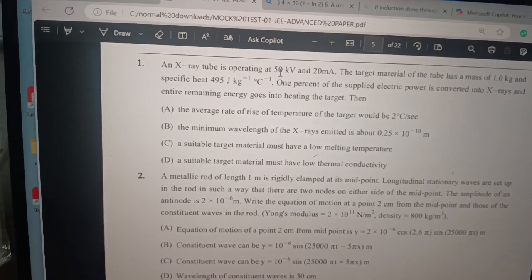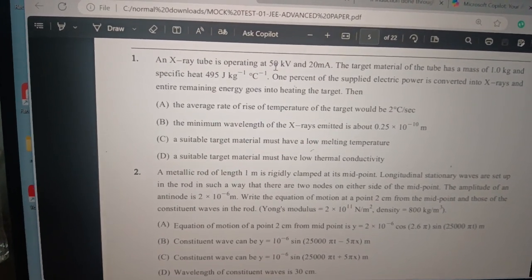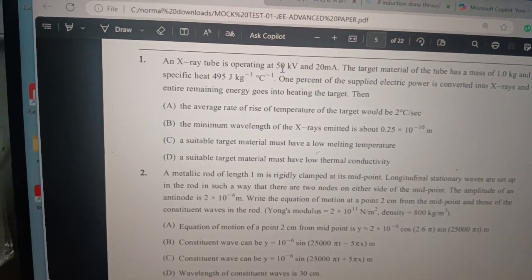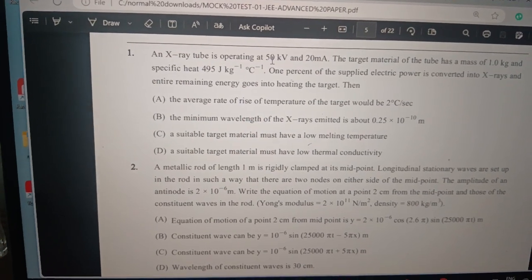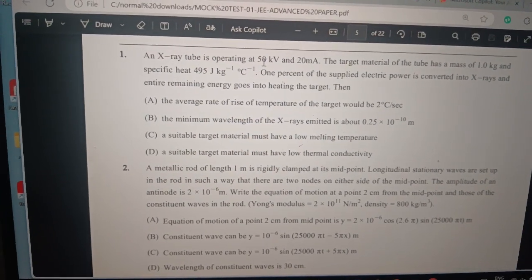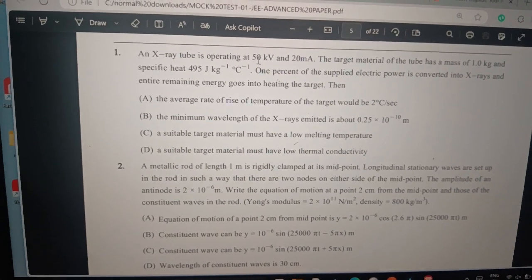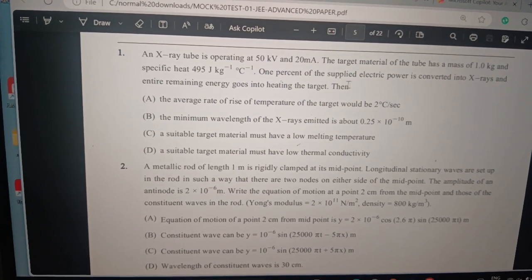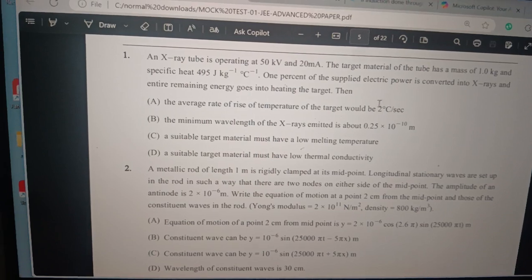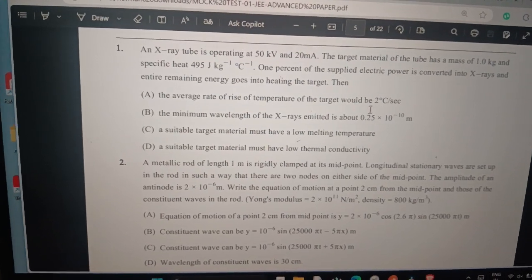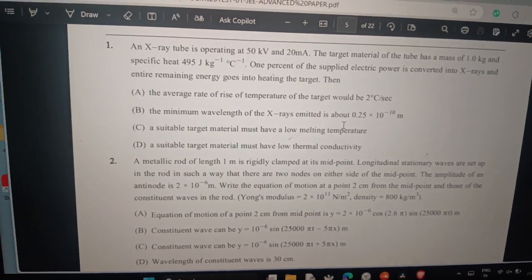So I know the number of electrons in a unit time, and the kinetic energy of those charged particles also. So I know the total energy they have, and when they hit it, it is assumed that all of the energy will go to heating, and it is asking me the rate of temperature change. So in this we can just assume a time period of 1 second and do all the calculations in that.